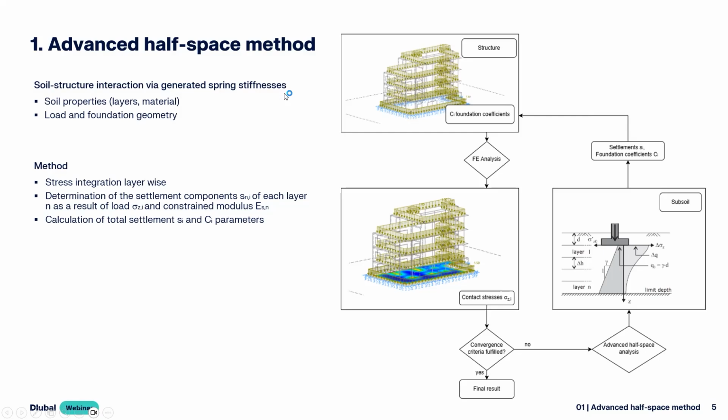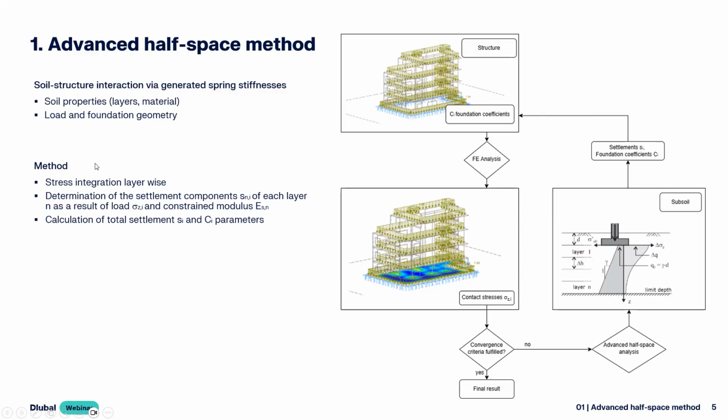So we have these surface supports and line supports, as we had a look at, and these are influenced by the soil properties, so the material, the stiffness, and also the layers, and by the load and the geometry of the founded slabs or the foundation slabs.